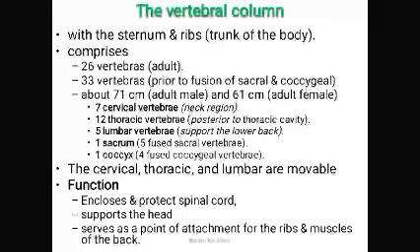It comprises 26 vertebrae in the adult, 33 vertebrae prior to fusion of the sacral and coccygeal, about 71 cm in the adult male and 61 cm in the adult female. 7 cervical vertebrae in the neck region, 12 thoracic vertebrae posterior to the thoracic cavity, 5 lumbar vertebrae supporting the lower back, 1 sacrum of 5 fused sacral vertebrae, 1 coccyx of 4 fused coccygeal vertebrae.